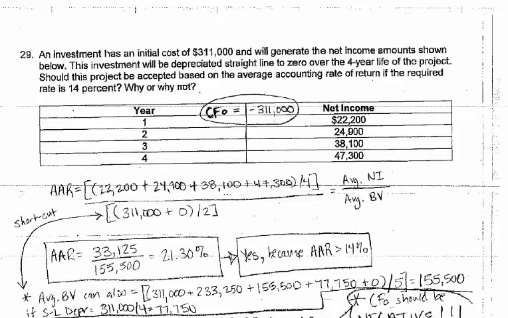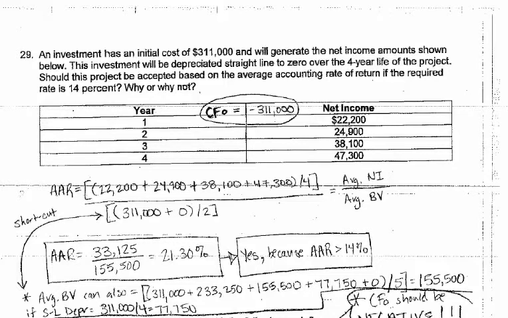Okay, but let's take a look. An investment has an initial cost of $311,000, so that's your cash flow zero, and it will generate the net income amounts shown below. This investment will be depreciated straight line to zero over a 4-year life of project. So that cash flow zero, you're only going to use that in this situation because that's going to be your original book value, and you're going to want to figure out what the average book value is, right?